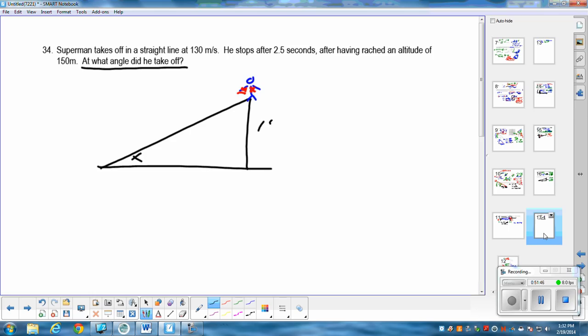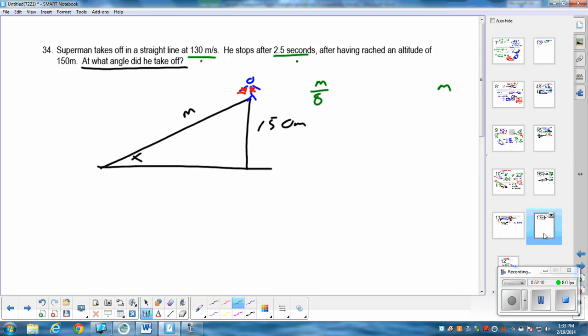The altitude he's at is 150 meters, which means we would like his path in meters. We don't have his path in meters. We have his path in speed and time. So if we would like to know how far he's traveled, we want our answer in meters.